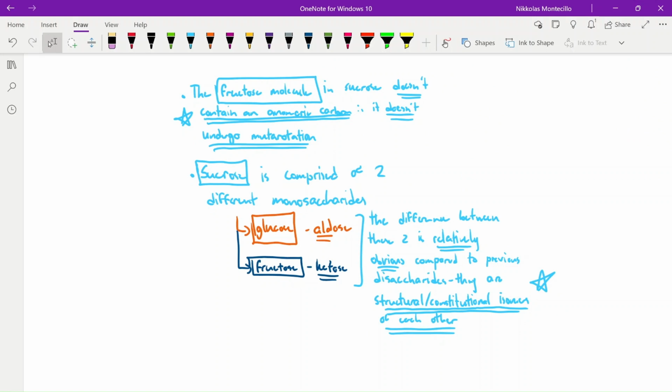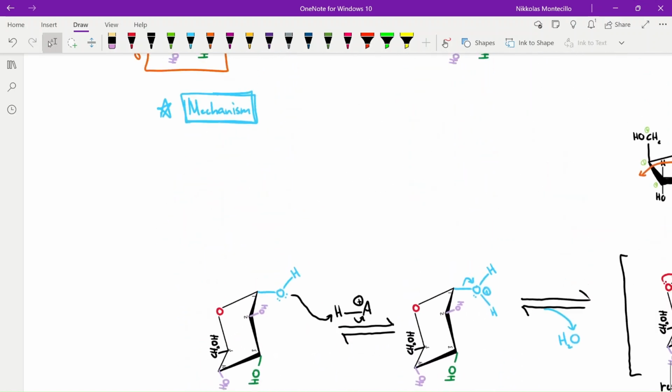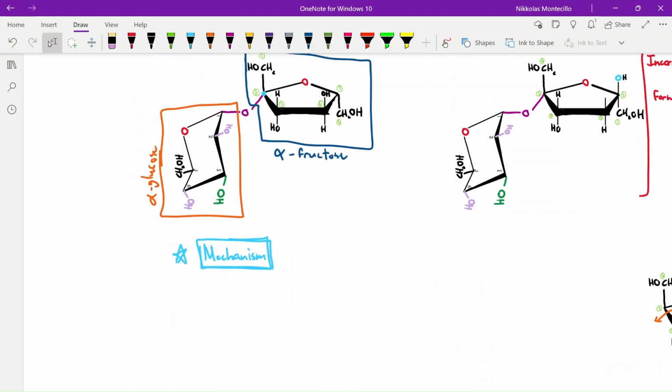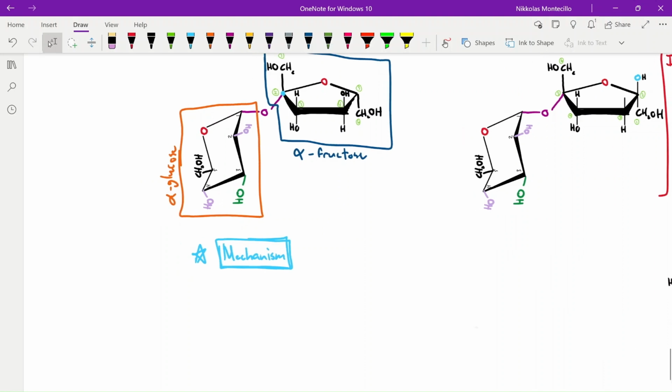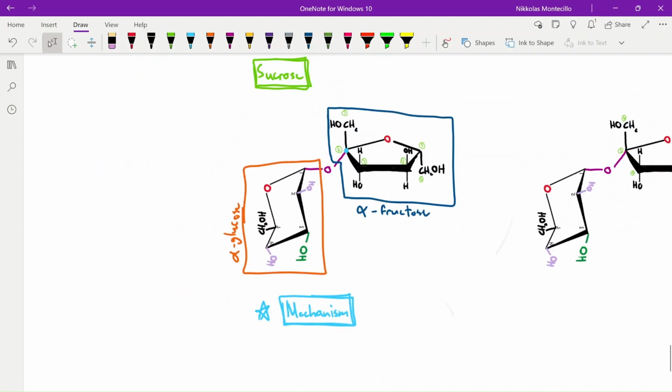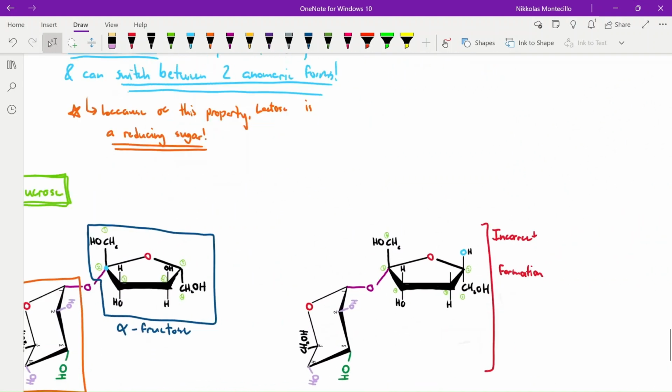And the difference between these two monosaccharides is relatively obvious, because they are structural or constitutional isomers of each other. Okay? They're structural isomers, meaning that how the atoms are connected between each constituent of the molecule is different between glucose and fructose. So this is a very peculiar formation of a disaccharide.